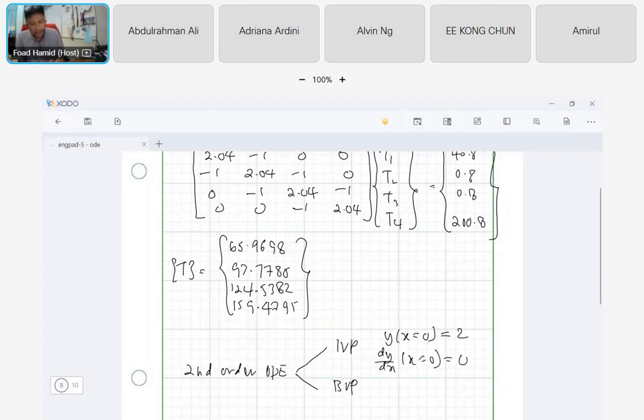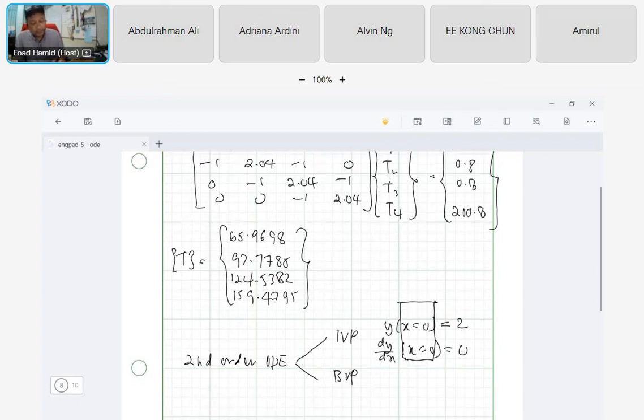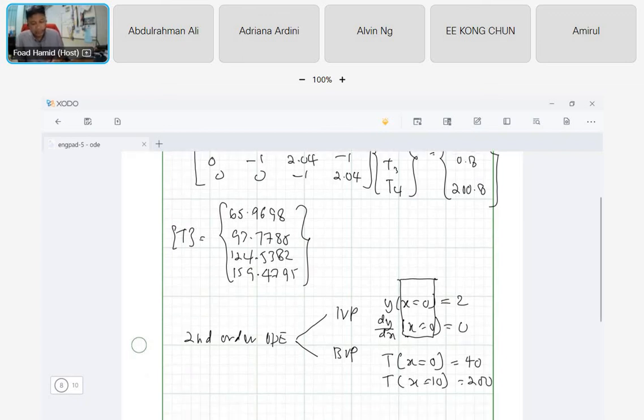Note that it is defined at the same independent variable, whereas in BVP, in this case, we define T at x equal to 0 as 4, and the temperature at x equal to 10 equal to 200. So note that the conditions are defined at two different locations. This is how you differentiate between IVP and BVP.